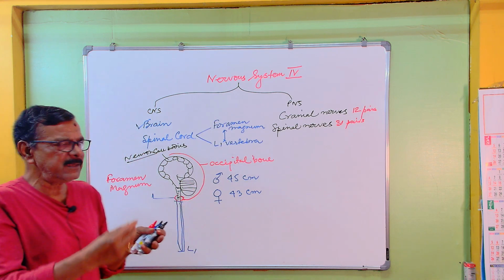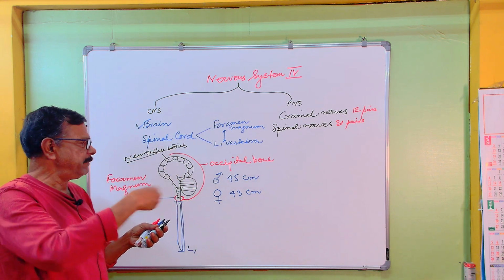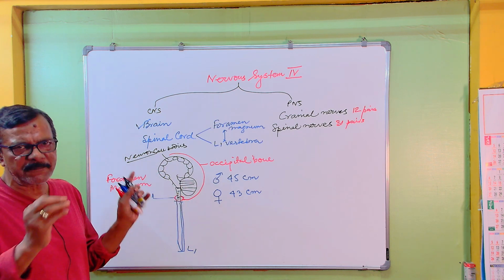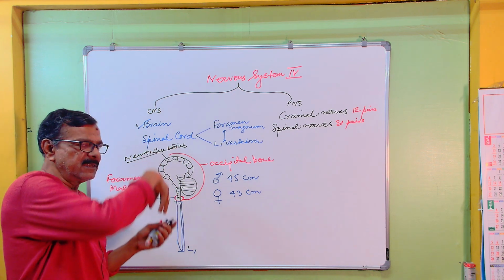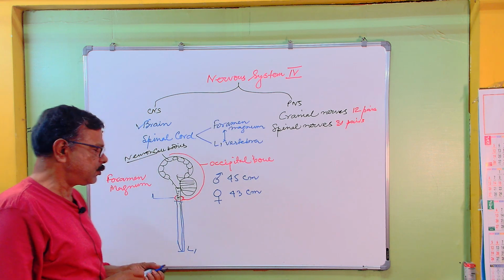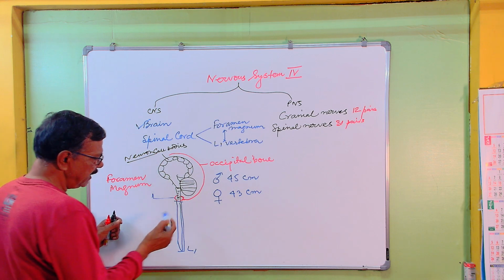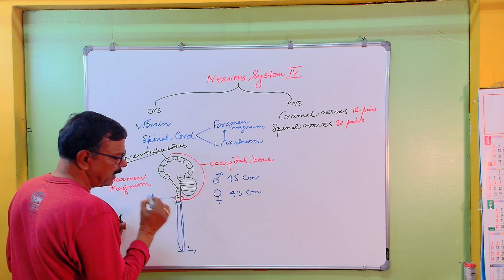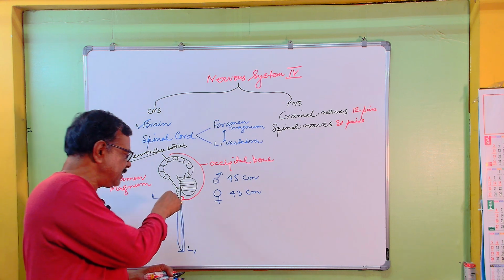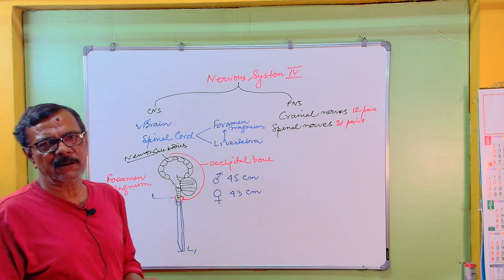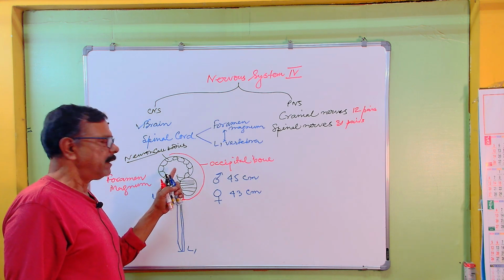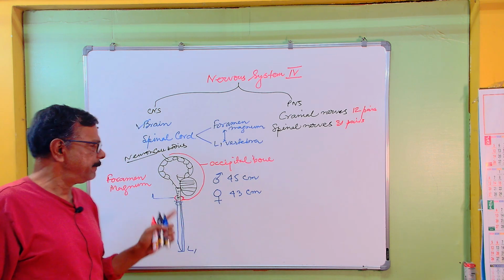Thereafter the cell bodies, and the fibers, may be axons or dendrons, the nerve fibers are inside. But here the reverse is true. Here the outside of the spinal cord appears white, while the inside appears grey. This is the basic difference between the spinal cord and brain.